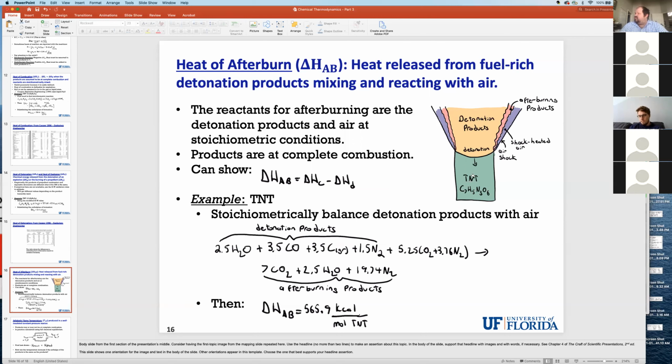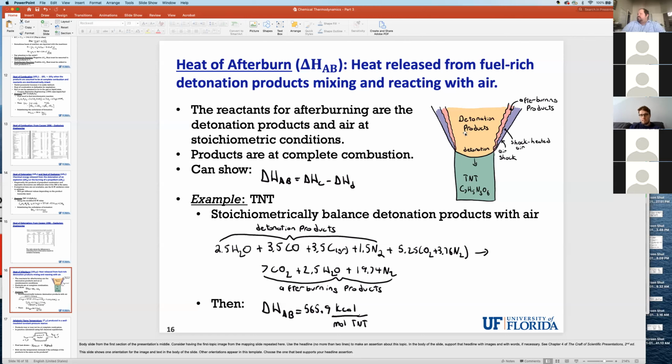We have a detonation wave going through it, and for all intents and purposes, just consider that this detonation wave is instantly converting the TNT to the detonation products, which were the 2.5 H2O, the 3.5 CO, and the 3.5 carbon.